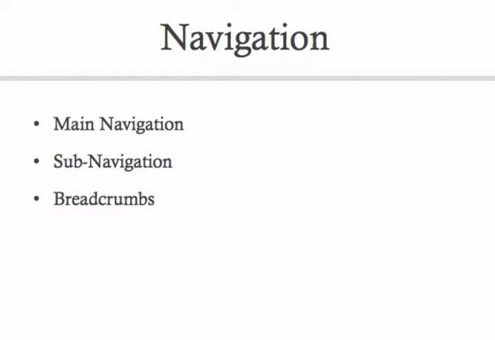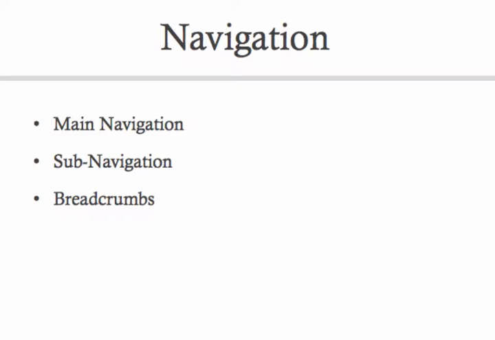Now, with navigation, there are two main purposes of navigation. One is to help the user find the information that he wants to find. And the second is to help the user know where he is in your website and know what else you have to offer. If the user feels like they know where they are in your website, then that can help reassure them and help them find the things that they want.